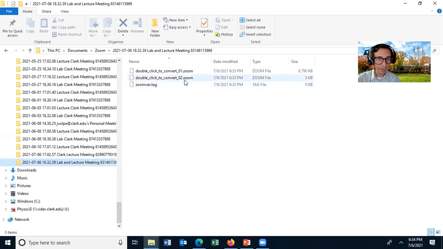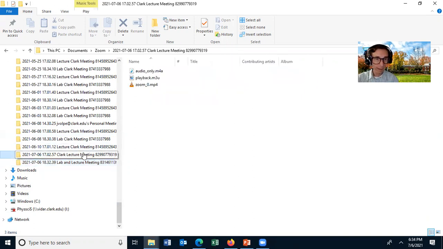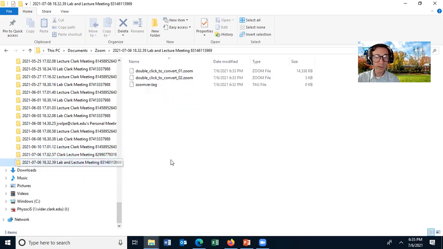These files, I don't know what they are. They're something specific for Zoom, and at the moment they're recording the information in these two files, and when you end the meeting, these two files will automatically be converted into the Zoom file. And I'll change the name of this and call it the lecture file. All right, any questions about any of that?